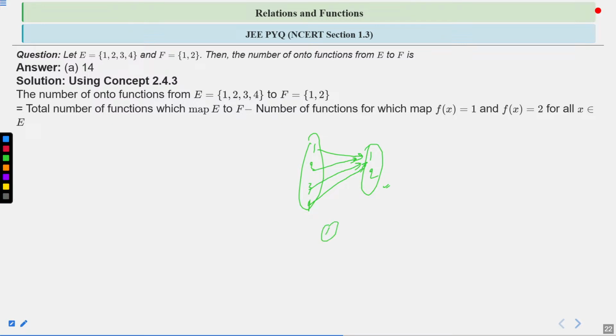So one is this case, and the other case is where all the elements 1, 2, 3, 4 are connected to 2 only.